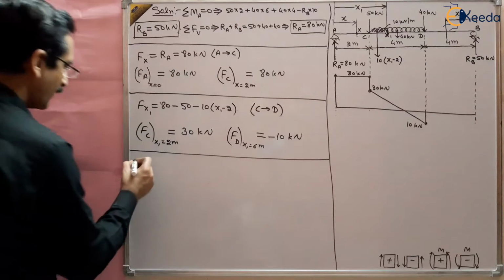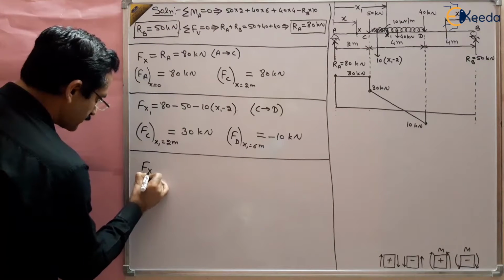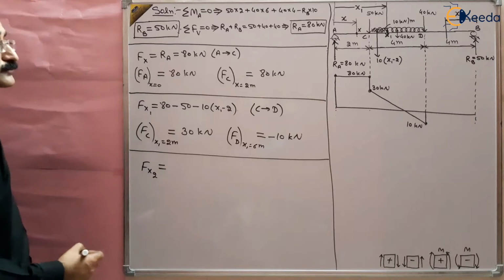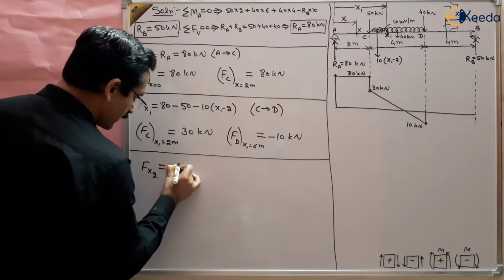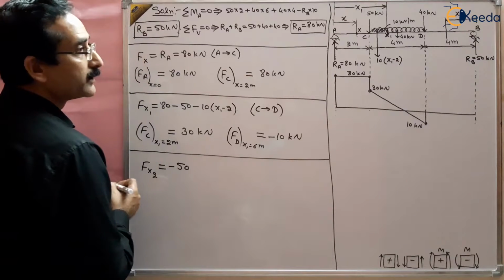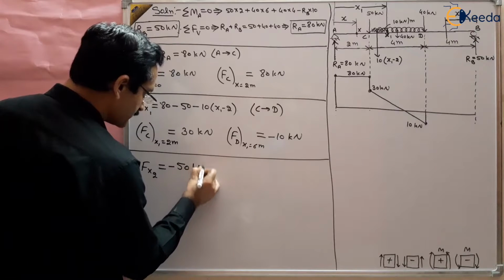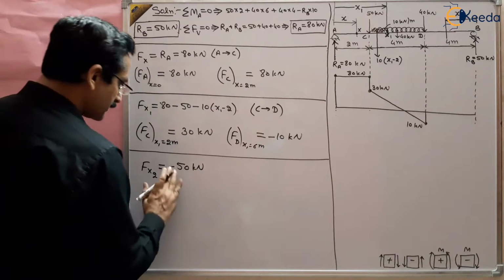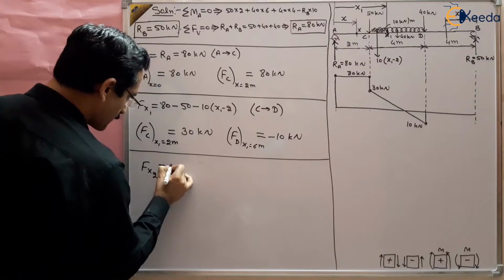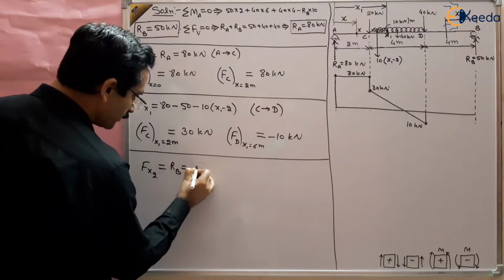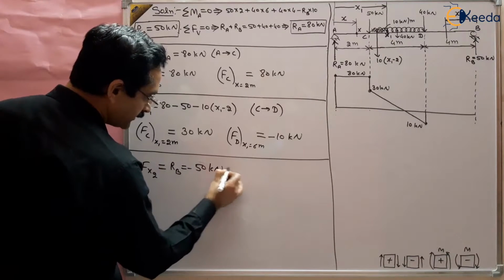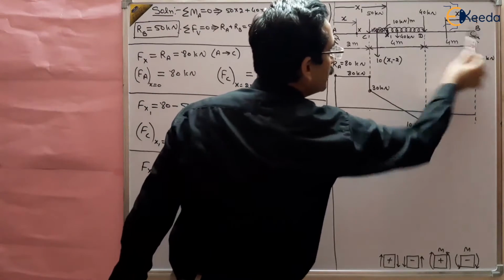So Fx2 will be equal to minus 50 kilonewton. This is RB only, which is equal to minus 50 kilonewton, and this is valid from B to D.